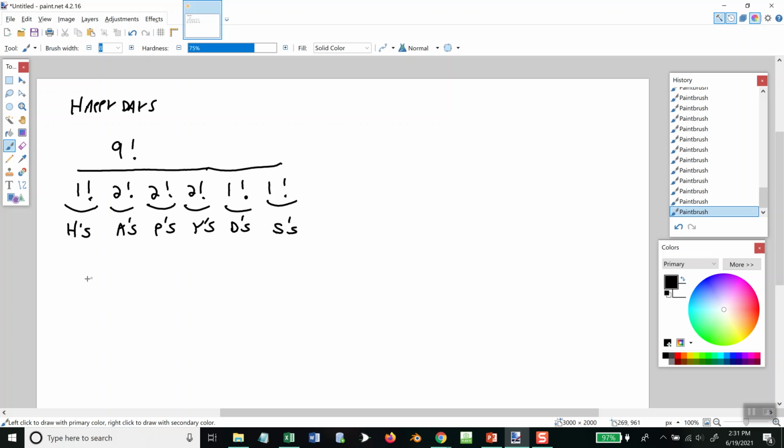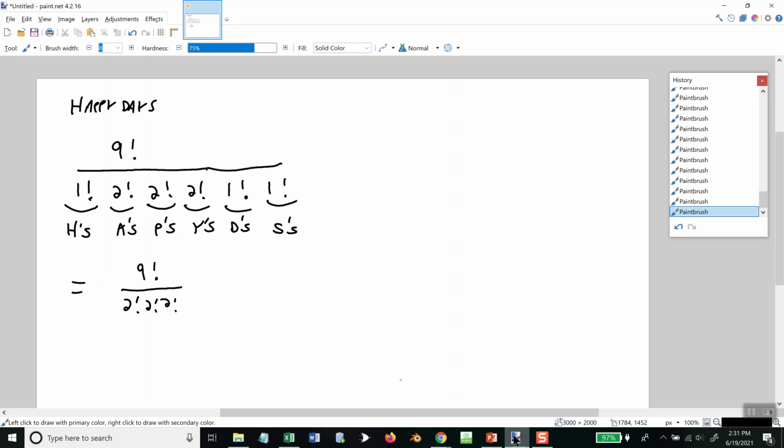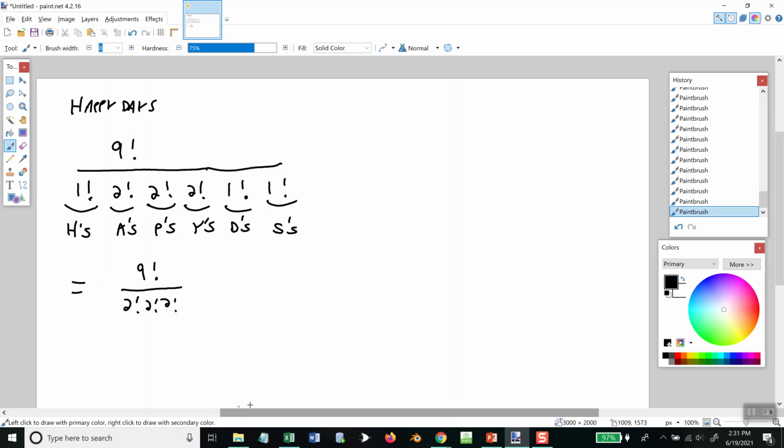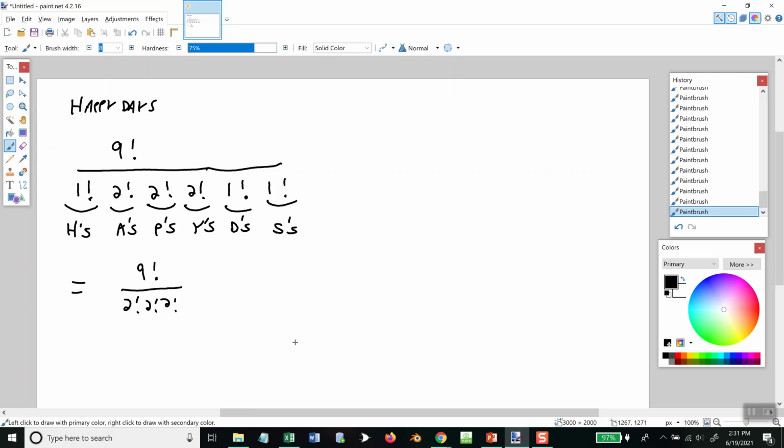we'd have this. 1 factorials you can just drop. So I got 9 factorial over 2 factorial, 2 factorial, 2 factorial. So 9 factorial on top divided by, now since we have more than 1 on the bottom, we have to put parentheses around it.